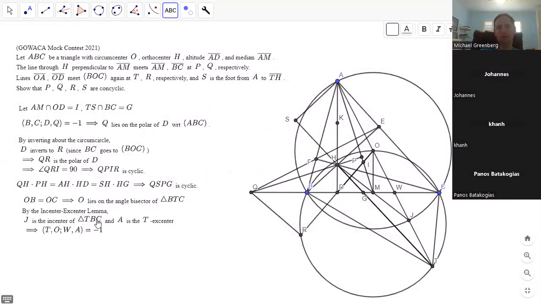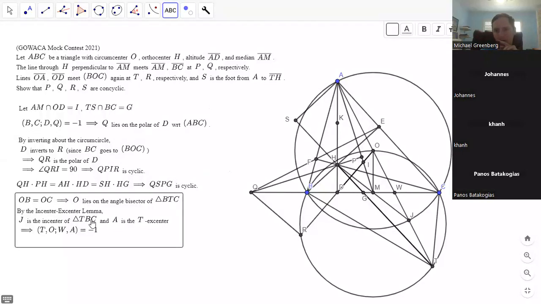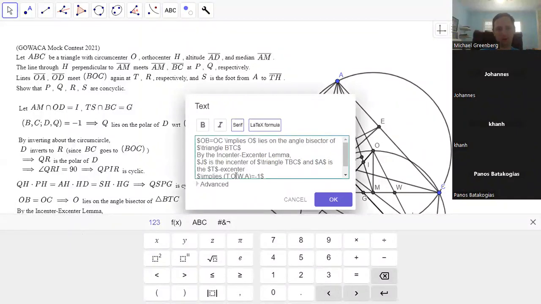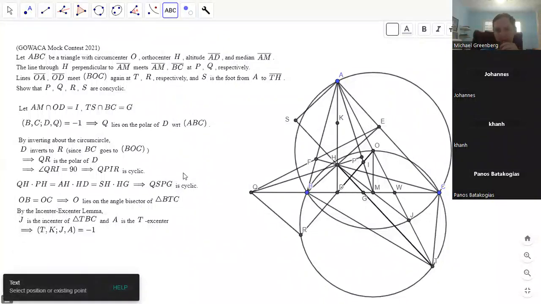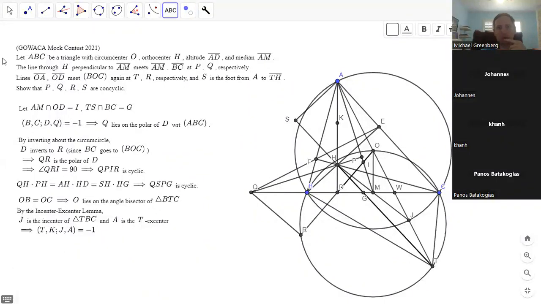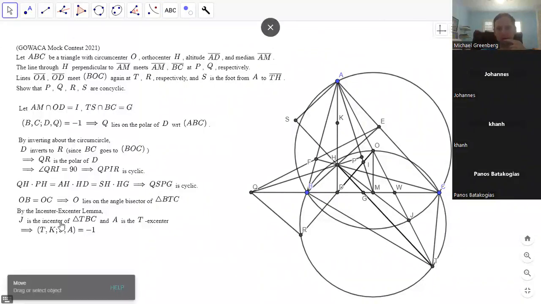And then we can project that through H. I think it was H, right? Not O. TWJA, I think it should be. And then we can project those through H. Okay. So projecting through H onto BC, then we get, I think it's W, not K. Yeah, W. You're right.